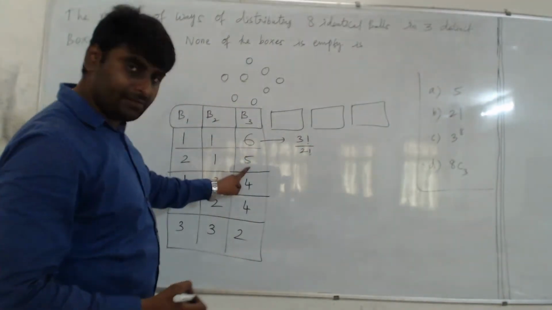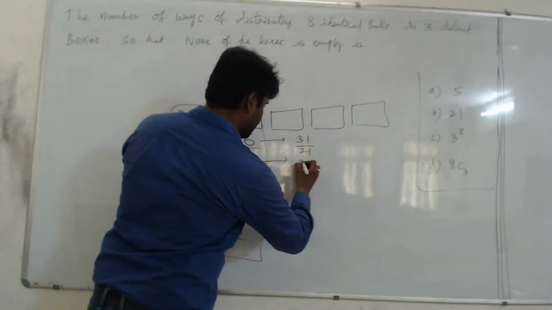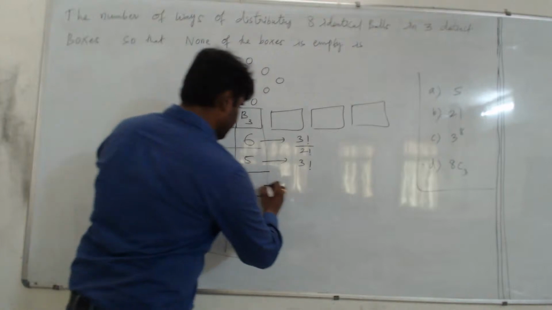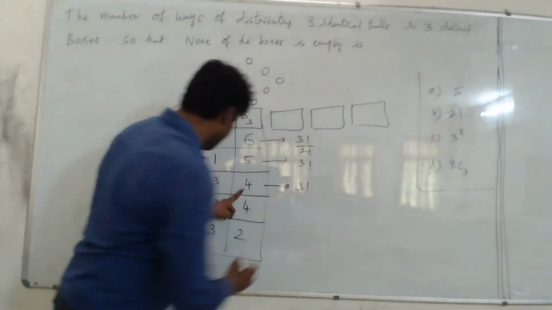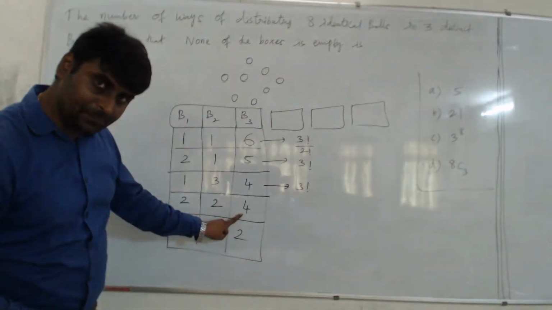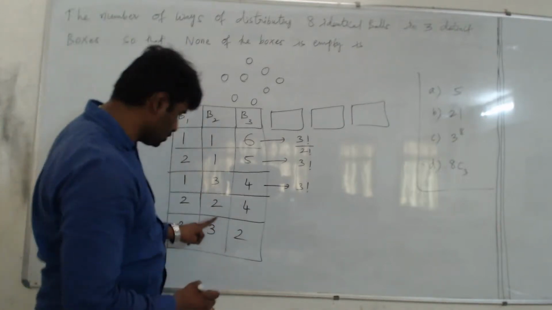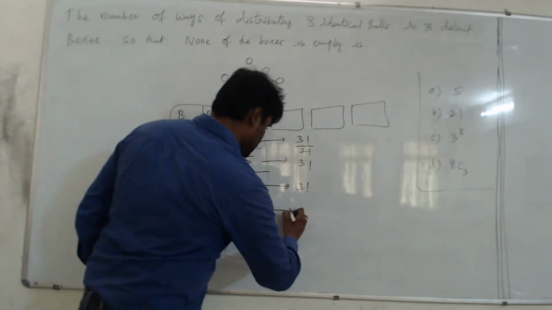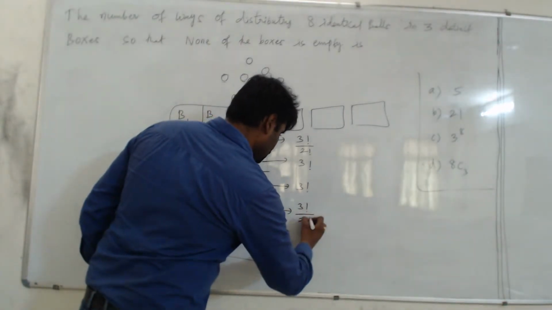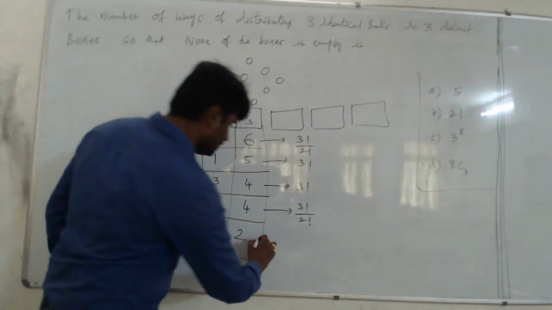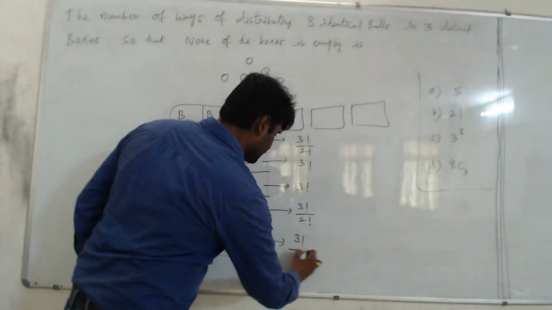And these 3 can be arranged in 3 factorial. And these 3 can be arranged in 3 factorial. And these 3 can be arranged in 3 factorial by 2 factorial. These two are repeated, right? So 3 factorial by 2 factorial. Here, same. These two are repeated. 3 factorial by 2 factorial.